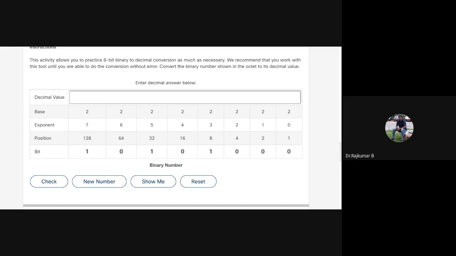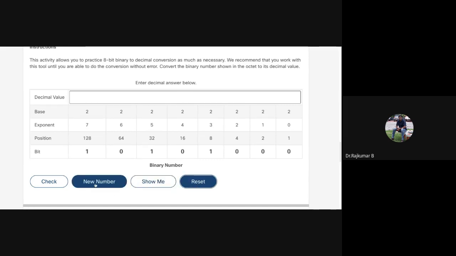Now find out for this value. 10101000. What is its value? You need to add 128 plus 32 plus 8. Then the value is 168.